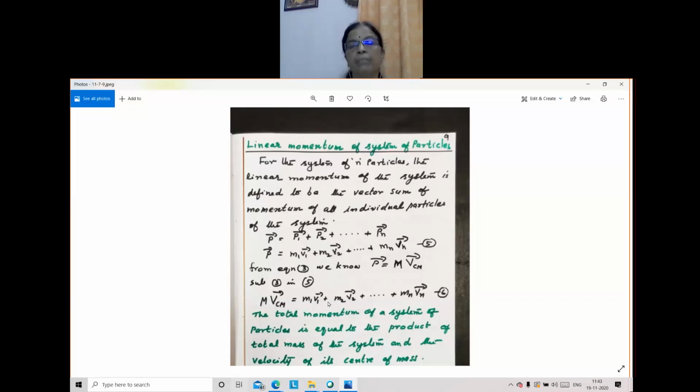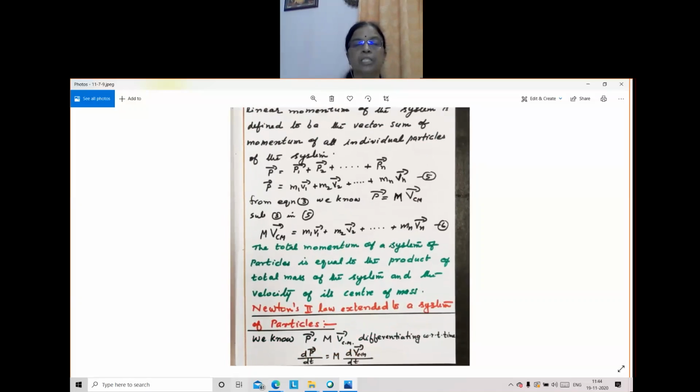The total momentum of all the particles of the system. We have to find the sum of all the momenta of individual particles. So that becomes a difficult task. So what we do, we find the total mass and multiply it with the velocity of the center of mass. That will be equivalent to this.